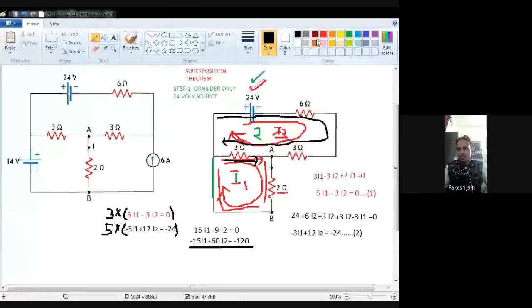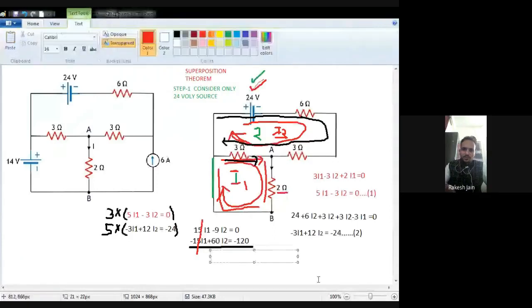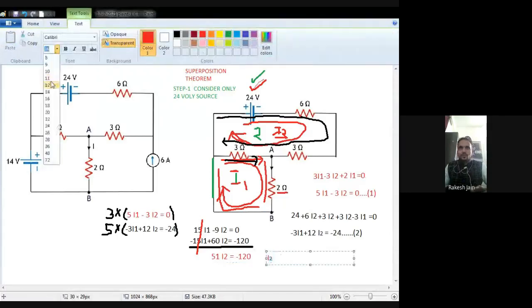Both currents are opposite, but because I am writing the equation for the I2 mesh, my current is positive, so plus 3I2 is there, and the I1 current is negative, and that is equal to 0.